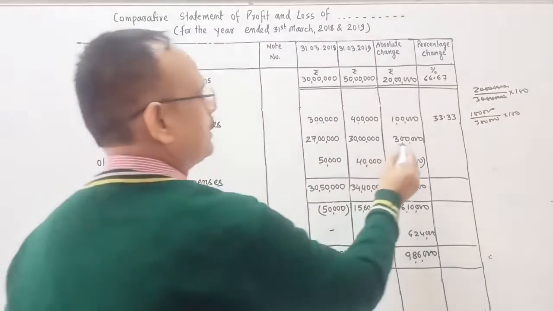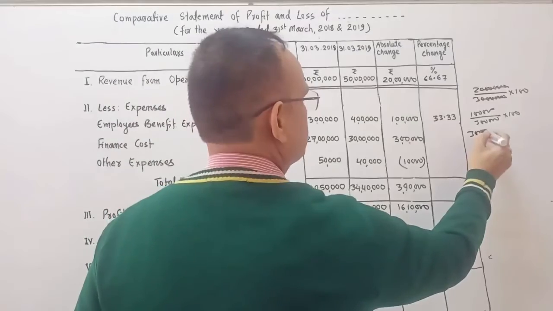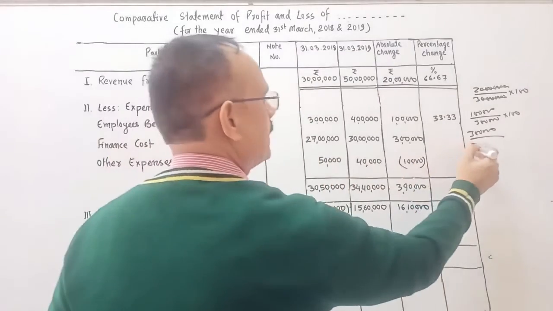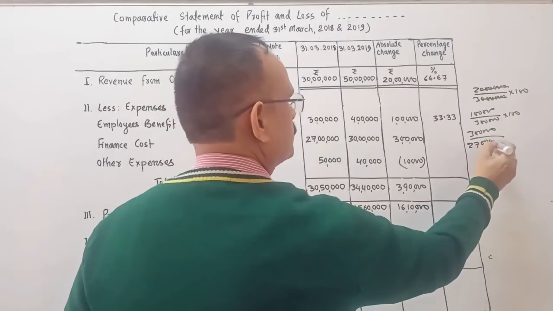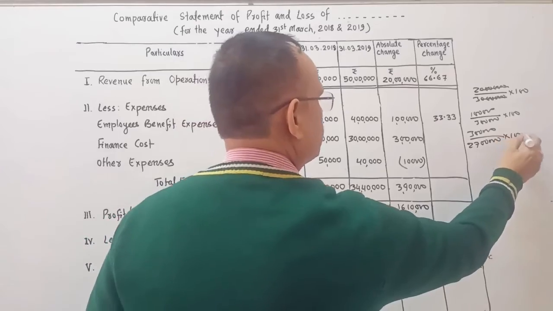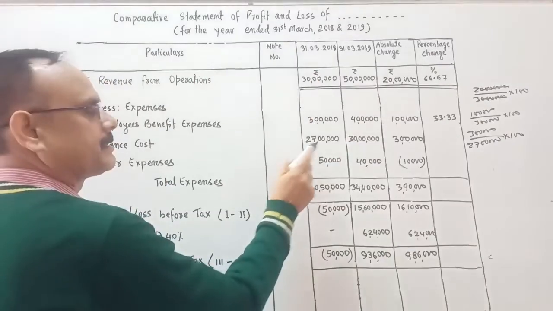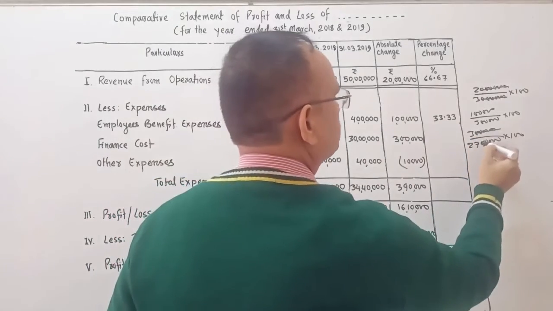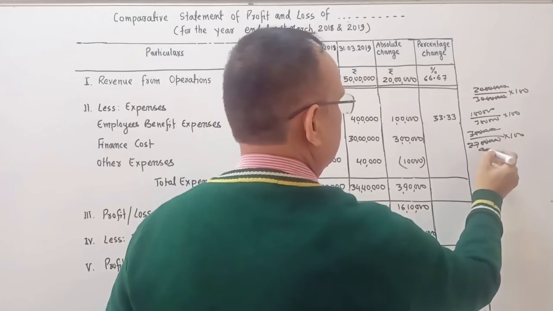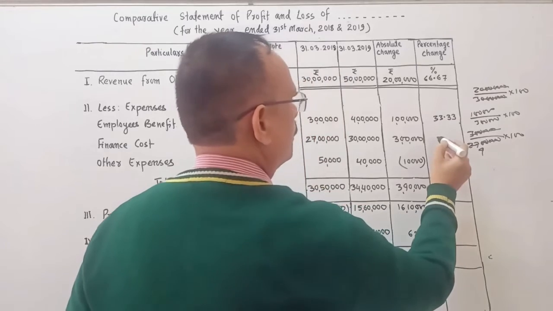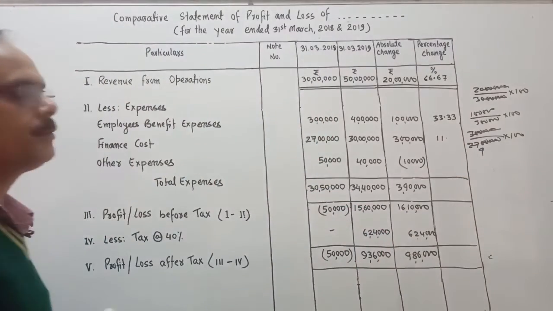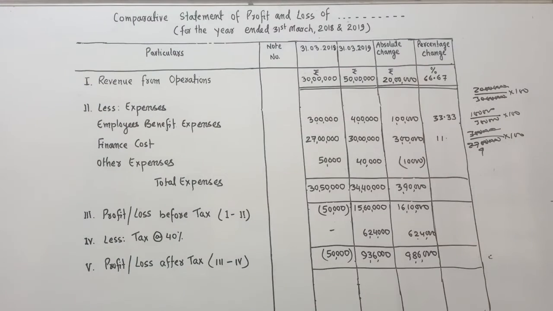Here 3 lakhs absolute change and the previous year figure is 27 lakhs, so 3 lakhs upon 27 lakhs into 100 is 11.11.